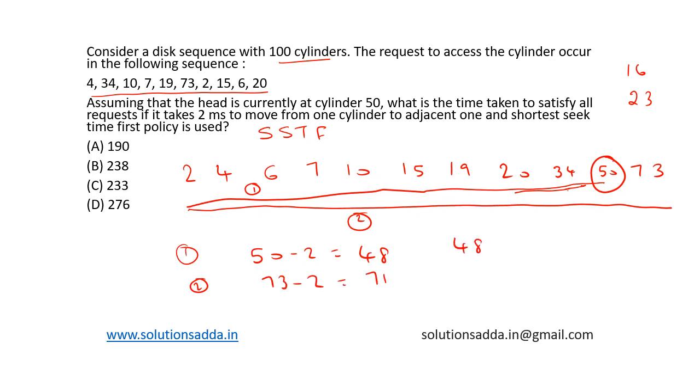So total 48 plus 71, we have 119 moves. It takes 2 milliseconds for each seek. So 119 into 2, we have 238 milliseconds as the answer. So the correct option is option B, 238.